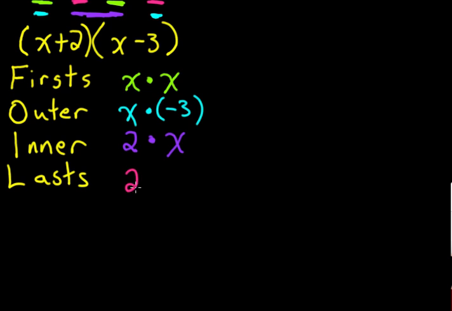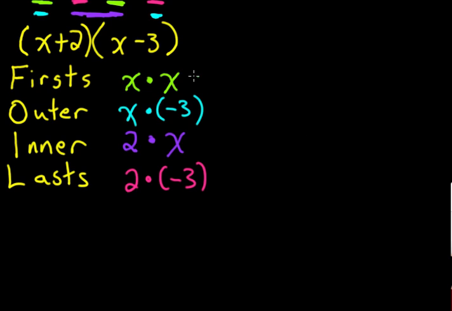And so that's 2 times negative 3. And so what we have is the first take care of the first thing that appears in each binomial, and we multiply them by each other. The outer are the things on the outside of the pair. The inner on the inside of the pair. And the last are the last things of each binomial.